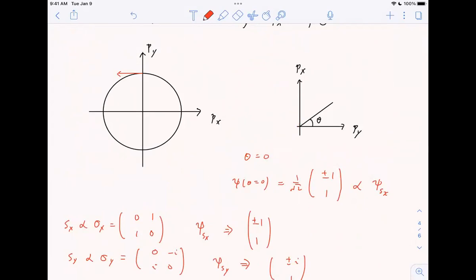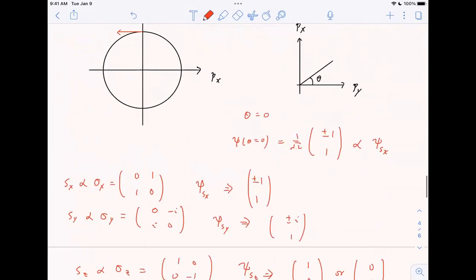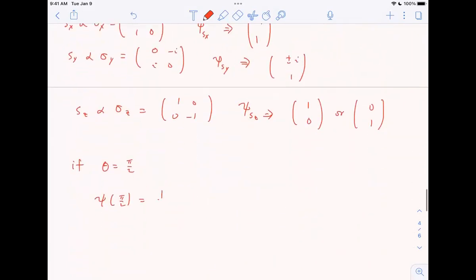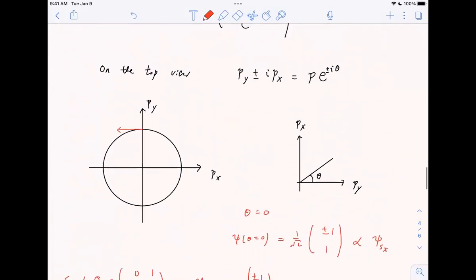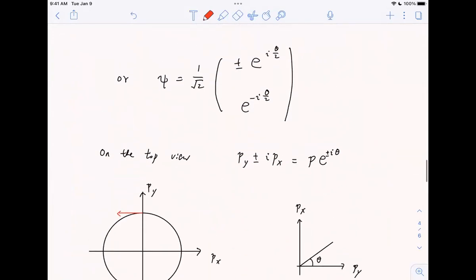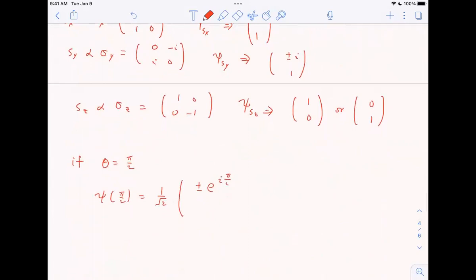So this one, pi over 2 will be this, plus and minus i. Theta is pi over 2, so this will be e to the pi over 4, and this will be e to the negative pi over 4.